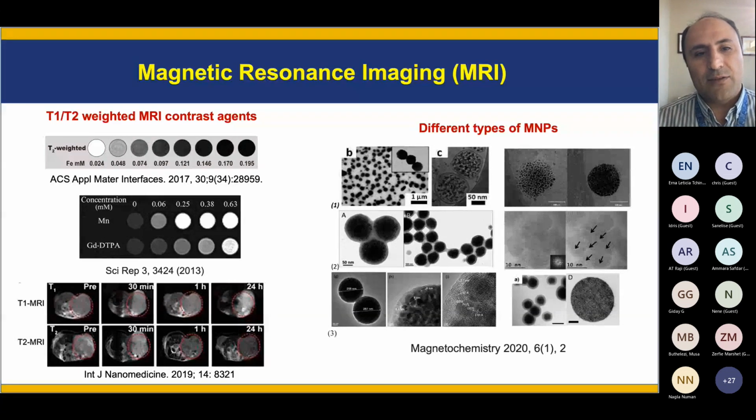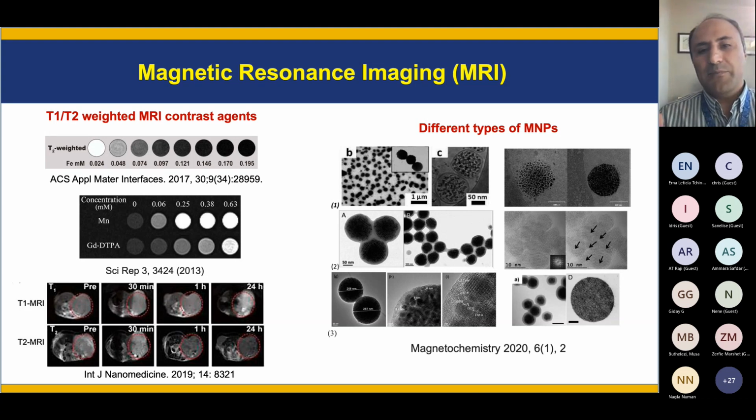When we have a method in which the tissue of the human body has a signal, like MRI, like CT, then we have to call the probe the contrast agent, because here we can see all the parts of the body and other tissues, but using the probe that we are developing, we are going to increase the contrast so that the specific region of interest gets darker or brighter, right? It depends on the weighting of the MRI.